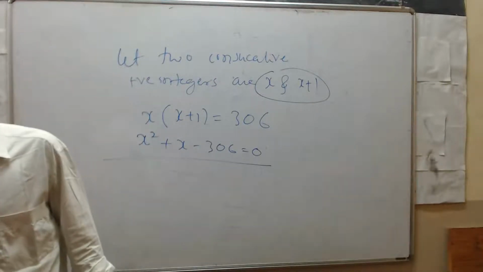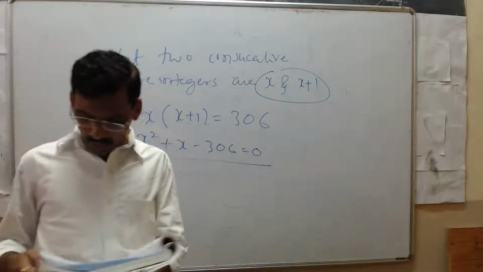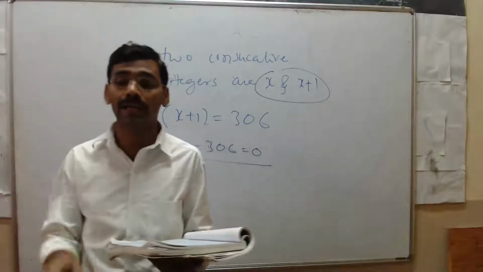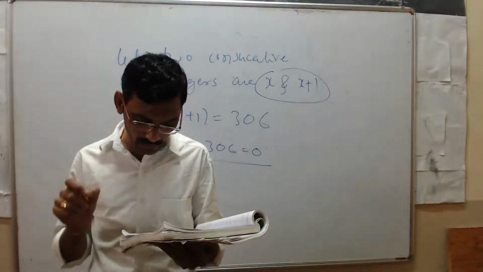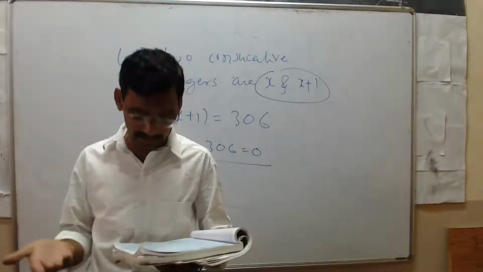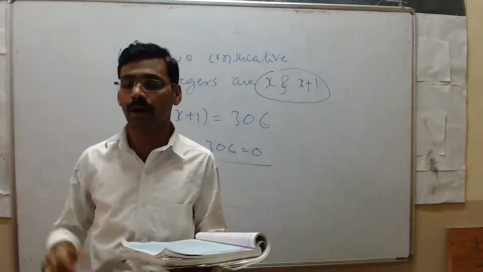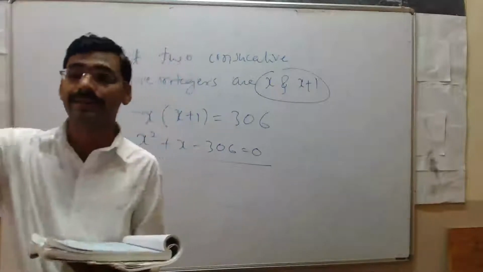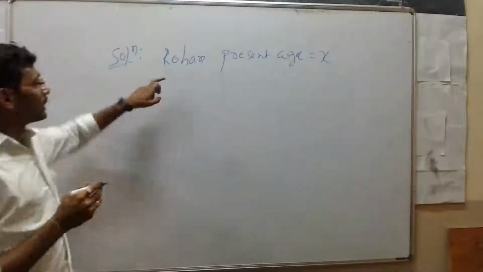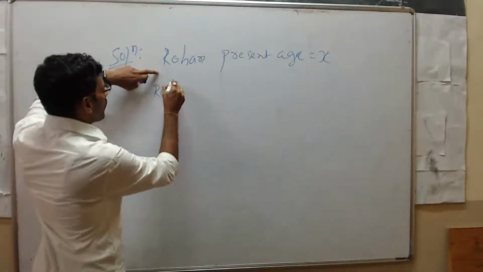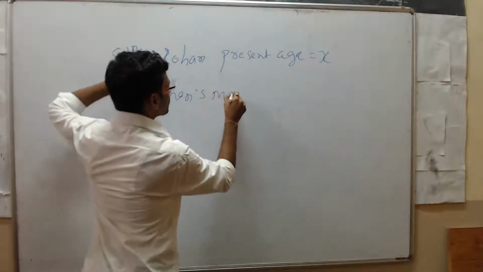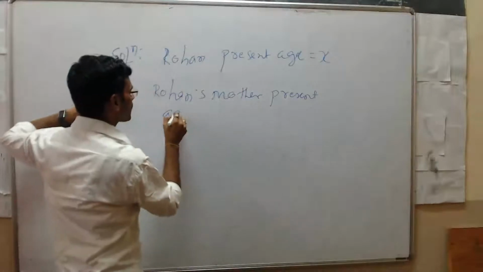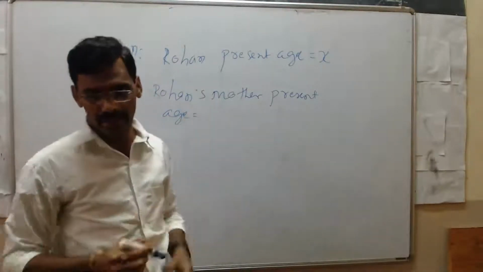Okay. Next, the third one. Rohan's mother is 26 years older than him. How much older is his mother than him? 26 years older means 26 years more, older than. We have to take the present age.